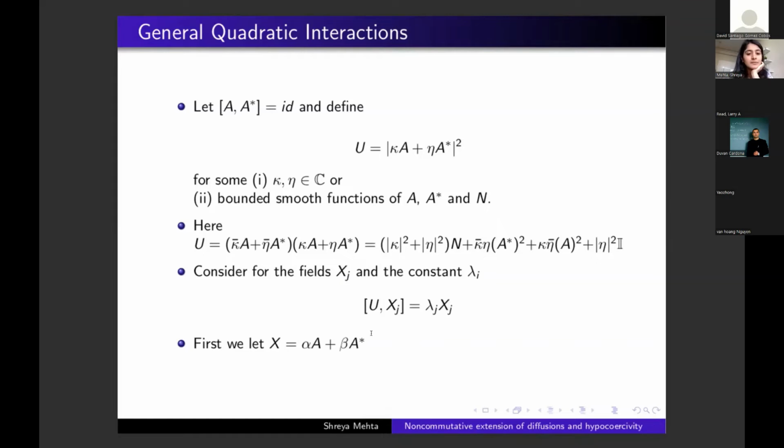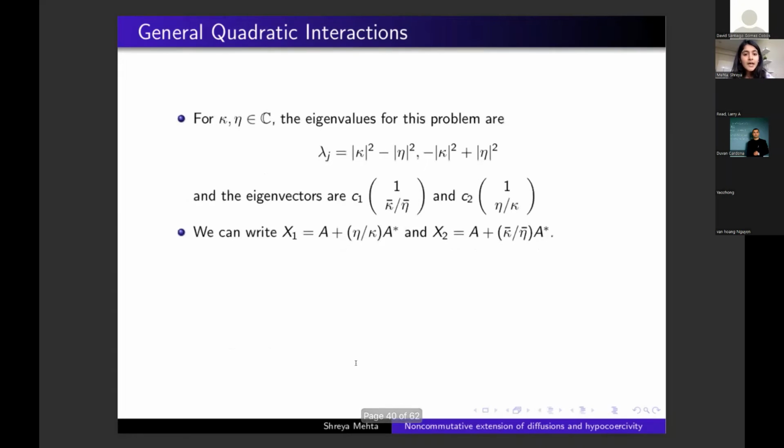And if we first let X, this classical field, be a linear combination of one pair of CCR, which we will extend later by introducing more pairs of CCRs, in this case we can get the eigenvalues and eigenvectors for this eigenvalue problem that we defined here. And we can write the eigenvectors, which is going to be just the simplified form of this linear combination of A and A star.